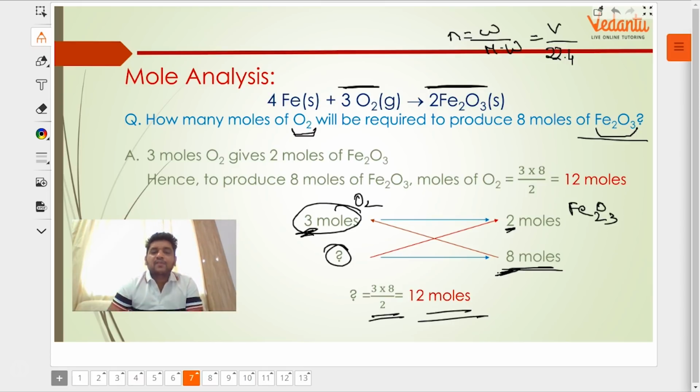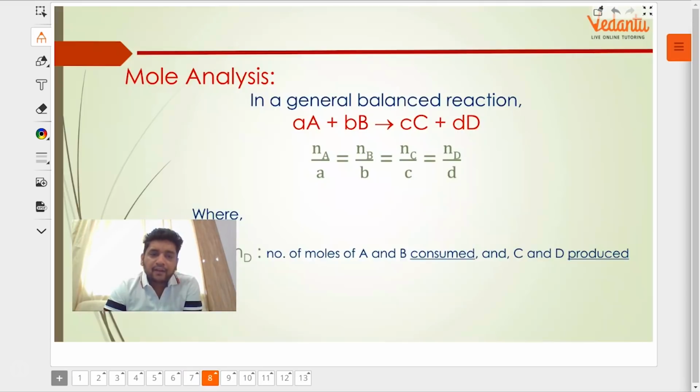So 12 moles of oxygen will be required to produce 8 moles of Fe2O3, right? This is of course a balanced chemical equation where we could directly relate the number of moles. They had given us the number of moles and asked about the number of moles, so we can compare them directly. Now this is one way of doing it.